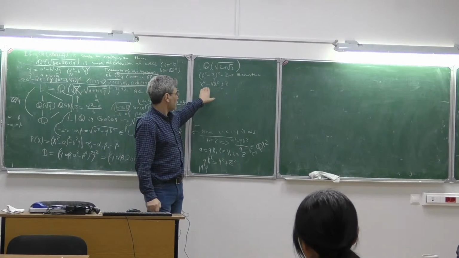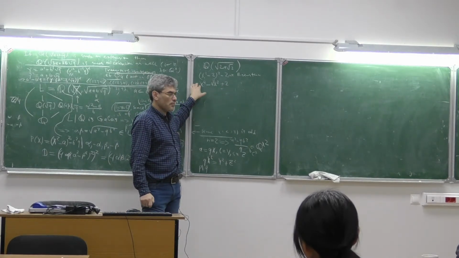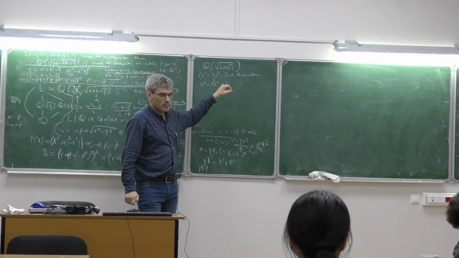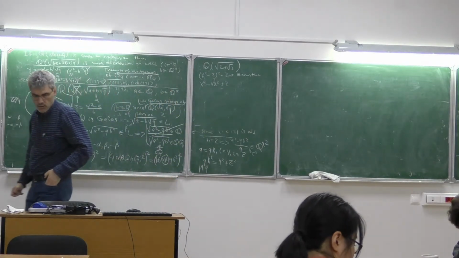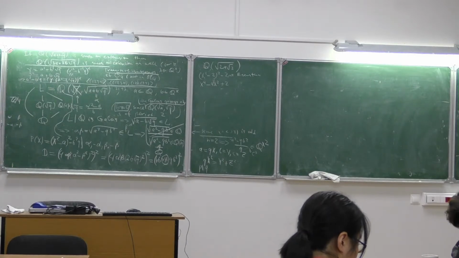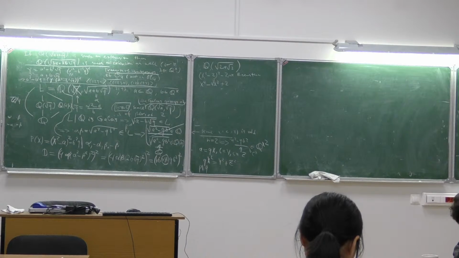So the first coefficient is invertible, all others except the constant are divisible by p, and the constant is not divisible by p square.